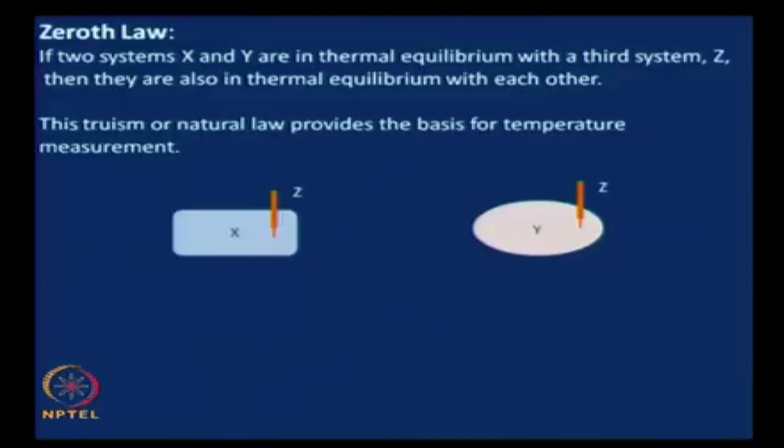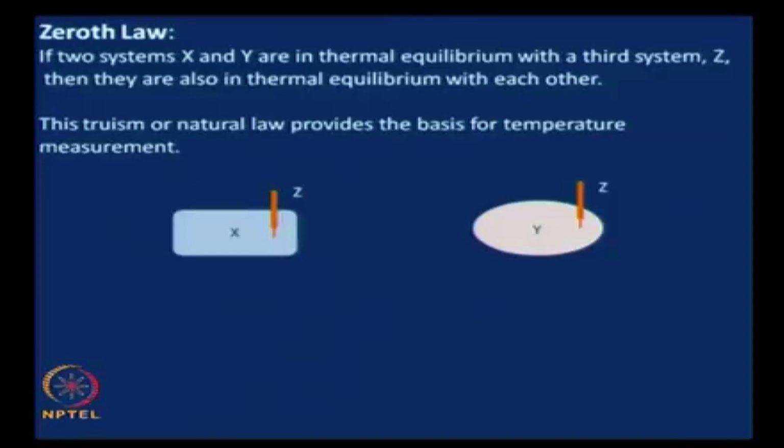To repeat, there are two systems, let us call them X and Y. If they are in thermal equilibrium with the third system, let us say Z, then they are also in thermal equilibrium with each other. This zeroth law actually provides the basis for temperature measurement, as it is shown here.